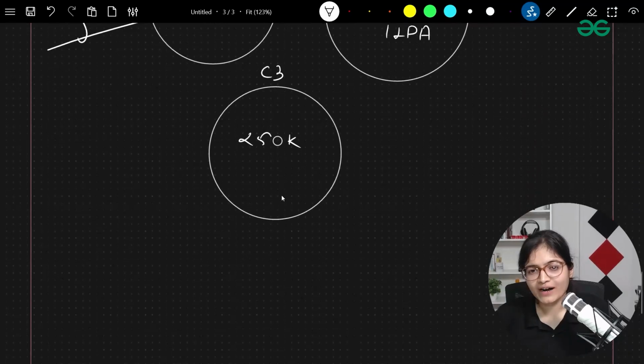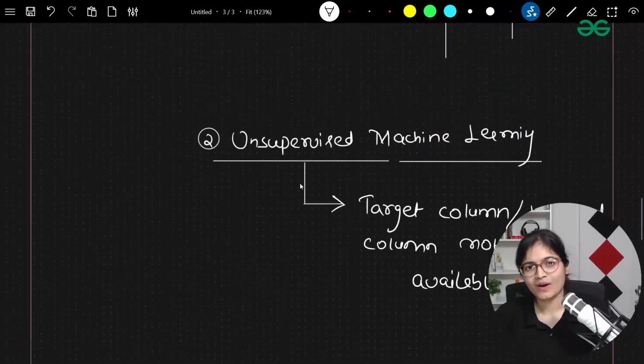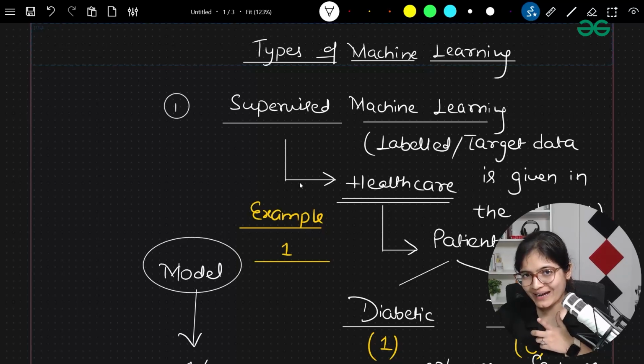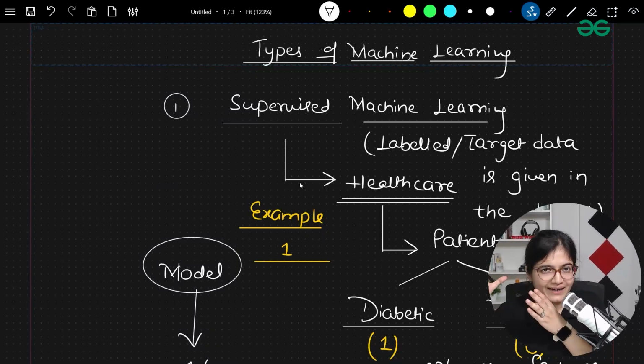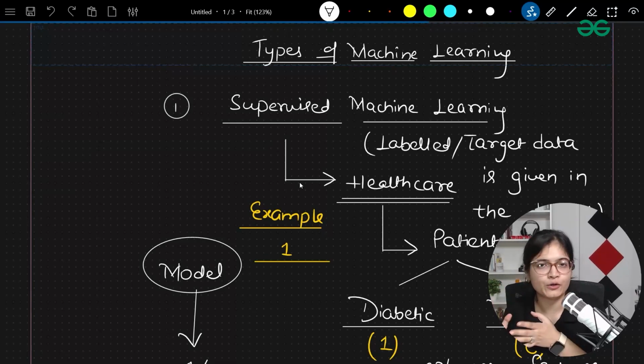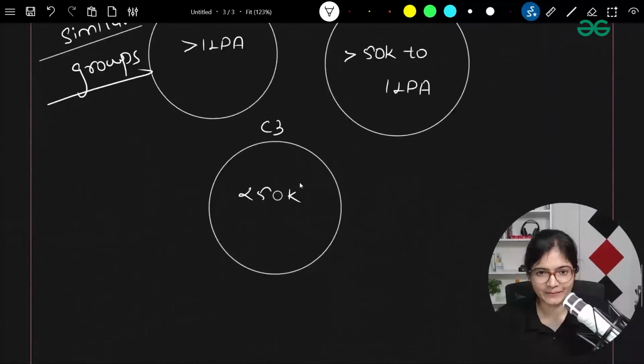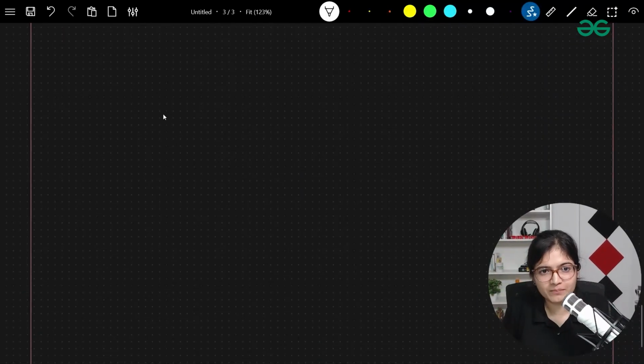So far, we have talked about two categories: one is the supervised one, another is the unsupervised one. How will you get to know? Given the data set, you will be able to understand: if the target value is given to you, it's a supervised one. If it is not given to you, it is an unsupervised one. Very simple, right? Now, there is a third category, which is not mentioned on the screen, but I'll talk about that, which we call semi-supervised.